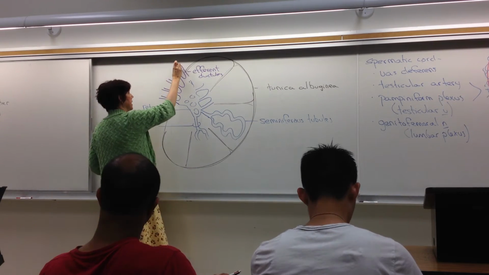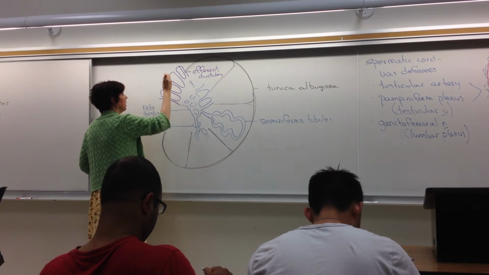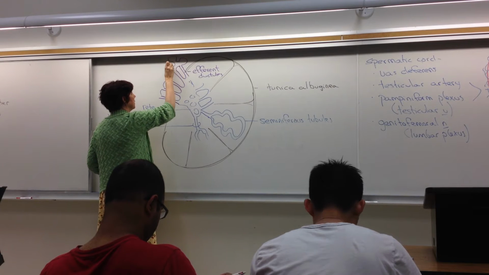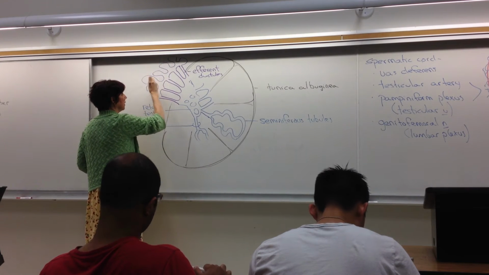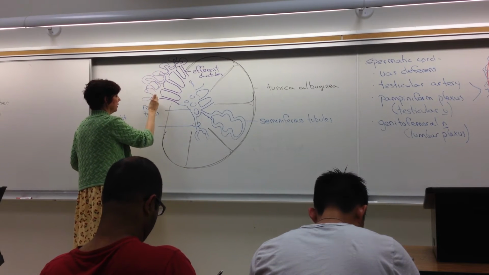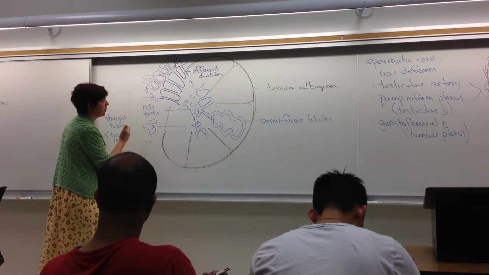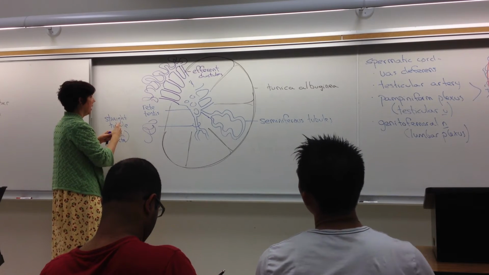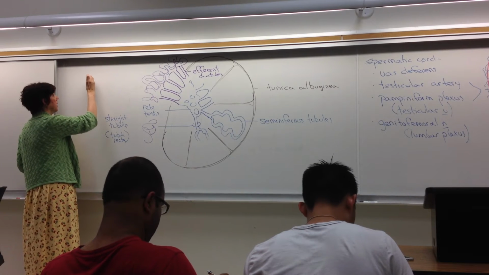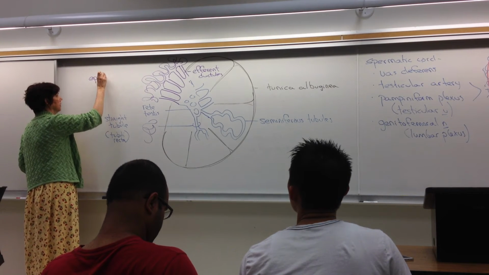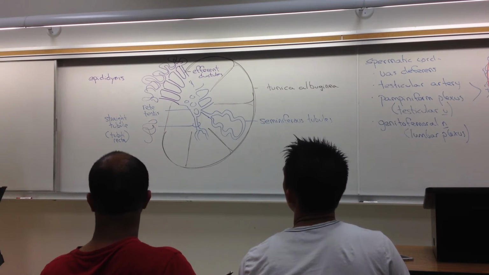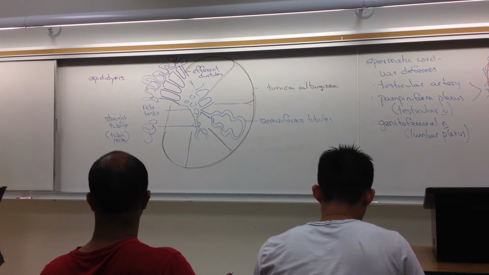And then these join together to form a single structure which is highly coiled. Just one, although it's very highly coiled. And it's found on the posterior aspect of the testis. And this is identified as, like trying to spell Mississippi, a whole bunch of I's and a Y. That's the epididymis.